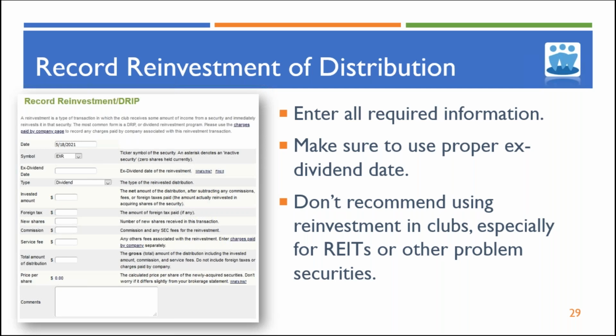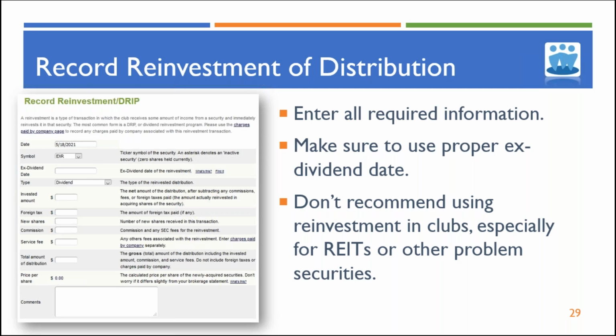So in this case, there's nothing fancy about this screen. It is a combination of a receipt of a dividend or distribution and a purchase of shares. So the dividends that are paid out and reinvested are taxable, even though you never get the cash, but they add to your position by purchasing fractional shares.